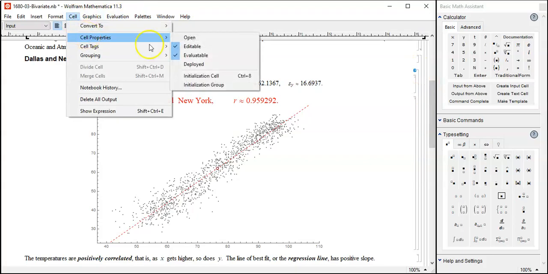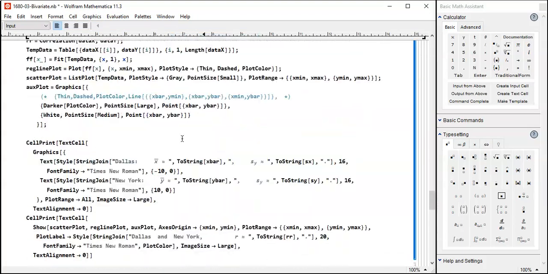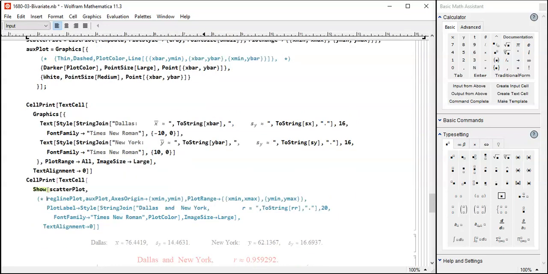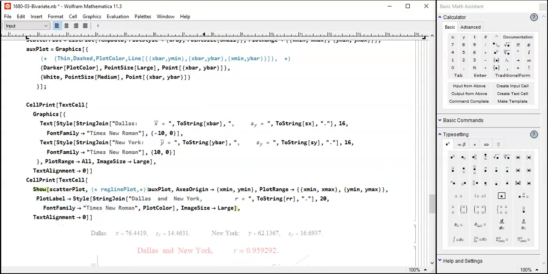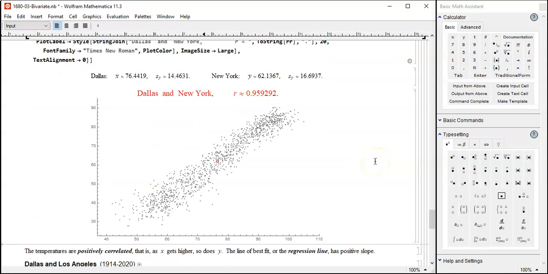Let me show you without the line. Don't pay too much attention to this mathematical code. I'm not going to ask you to do this. Okay, all right. Here's a scatter plot without the line, but you can still see a strong correlation, strong linear correlation here.